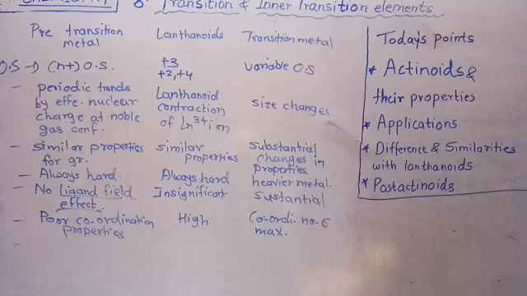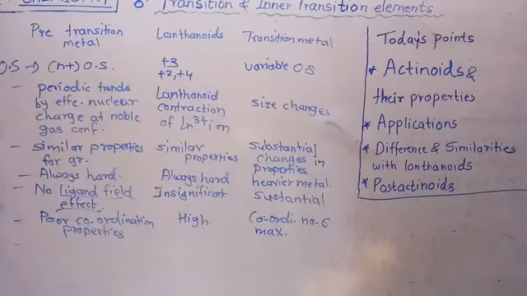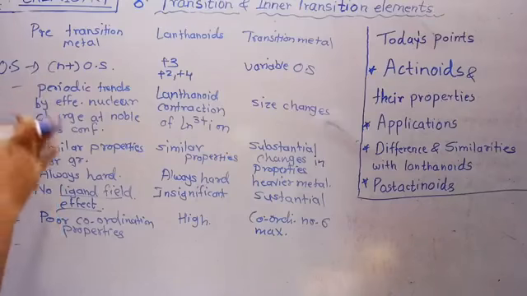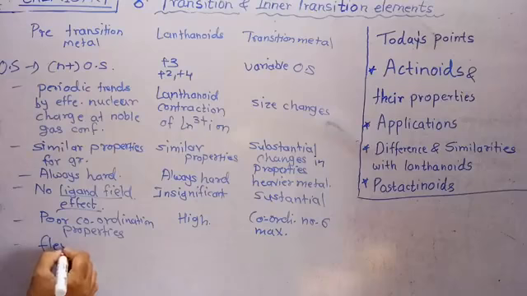Right? Then next, for the pre-transition metals, there is flexibility in geometry. The pre-transition metals, lanthanoids and transition metals react with other elements to form compounds, and there is flexibility in the geometry for pre-transition elements.